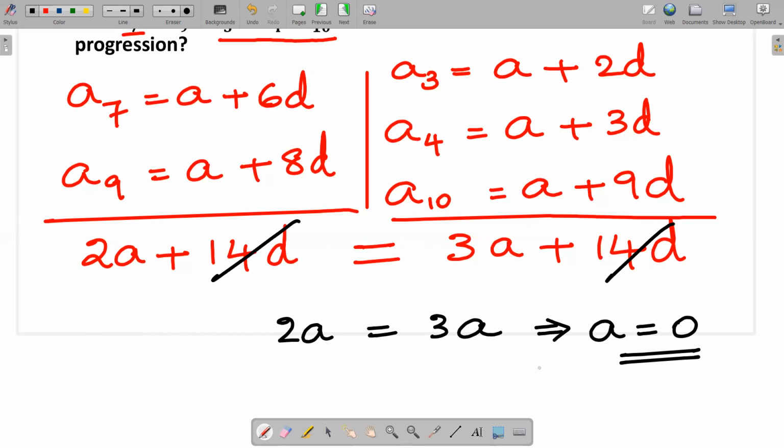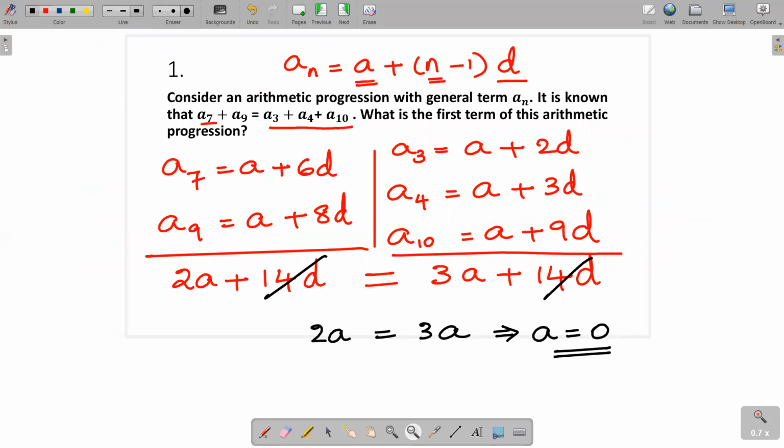For this first question, we have thus answered. You are asked to find the first term of this arithmetic progression, and we have identified that the first term of this progression is equal to 0.